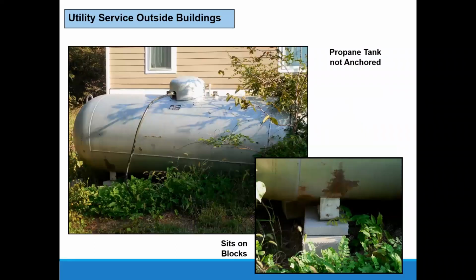So here is an example of what it looks like. The propane tank here is not anchored. It's just sitting on blocks, and this is not the way to do it. If it was flooded and inundated, it's possible that fuel could leak out. And so we need them to be properly protected and elevated.